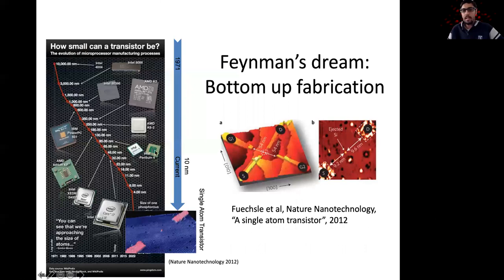So I just want to highlight Feynman's dream in the 1960s and 70s, in which he envisioned that you can have a single atom transistor. And that was done in 2012 in this Nature Nanotechnology paper by Australian researchers at UNSW, where they were actually able to make a transistor from a single atom. So this is kind of the ultimate scaling of your transistor.